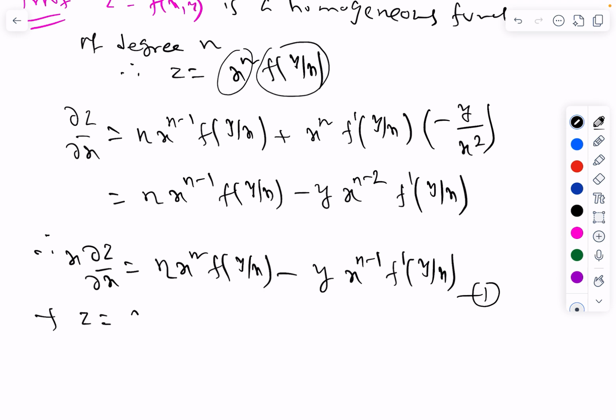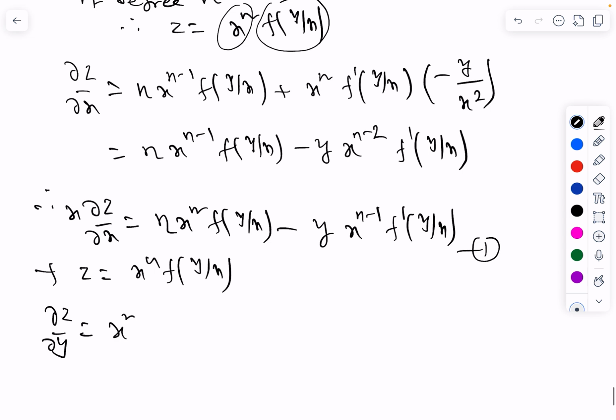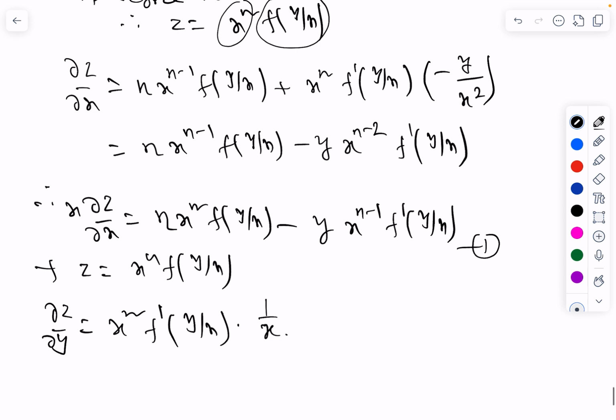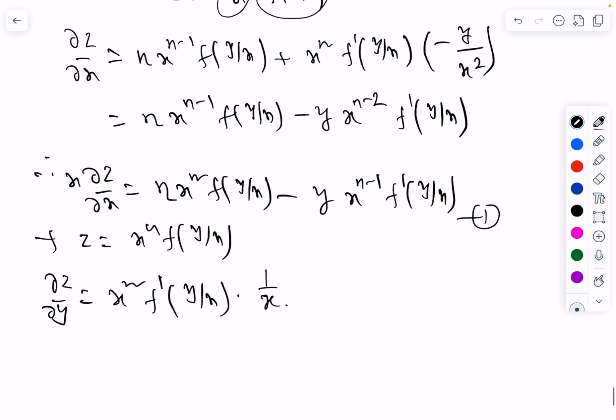Now again, z equal to x power n f of y by x. Differentiate partially with respect to y. So that is x power n, which is constant, f dash y by x, and the derivative of y by x is 1 by x, because we are taking the derivative with respect to y.